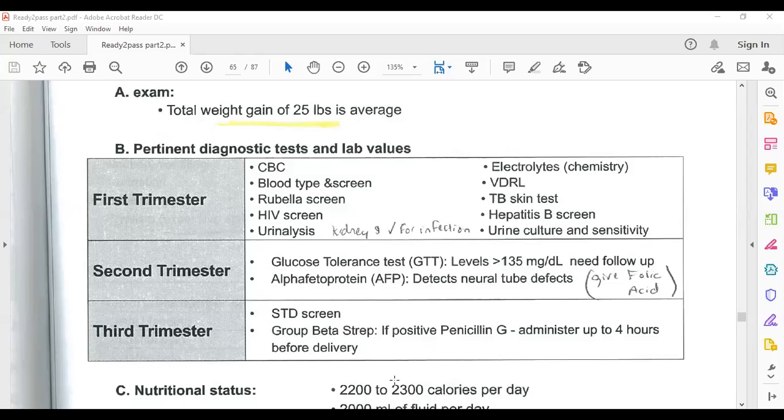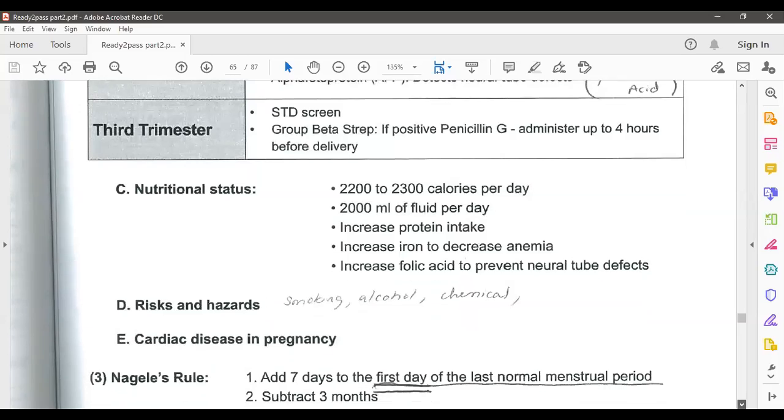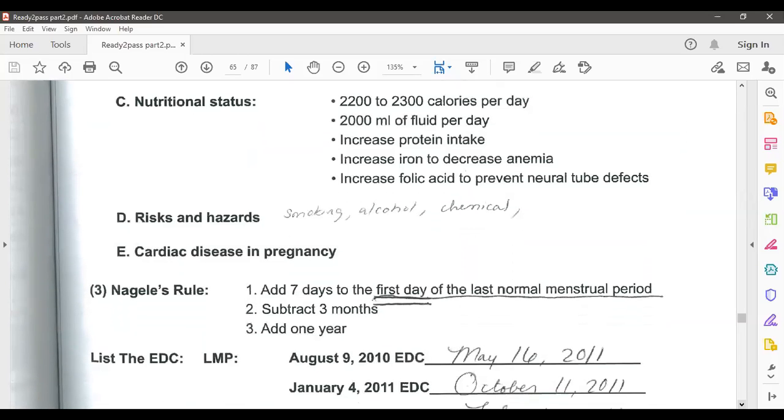So basically now the second is called the nutritional status. So nutritional status basically is 2,200 to 2,300 calories per day.